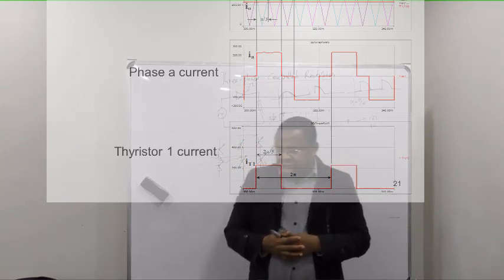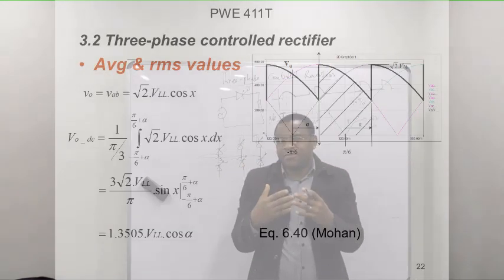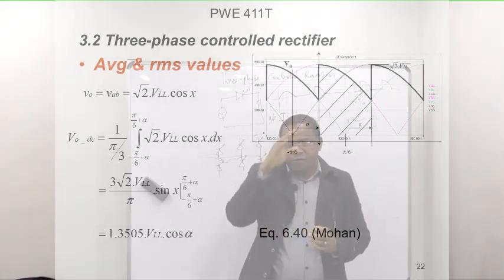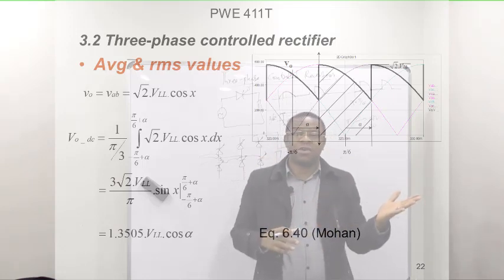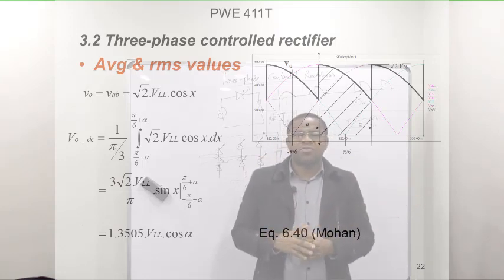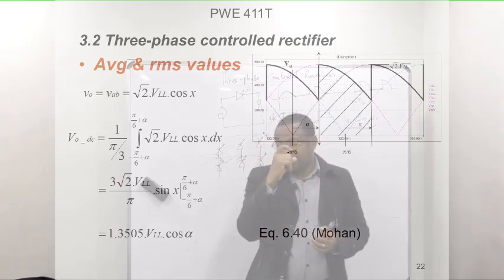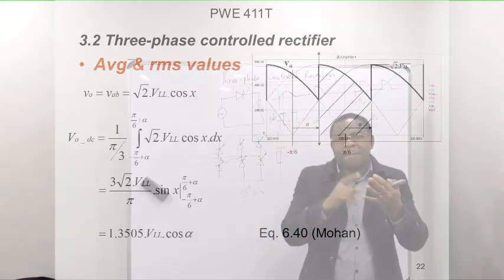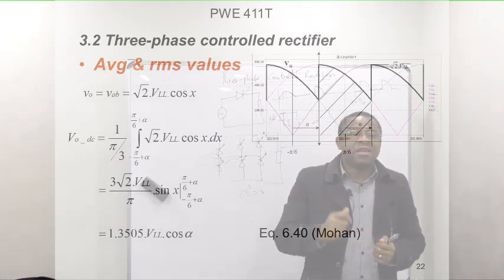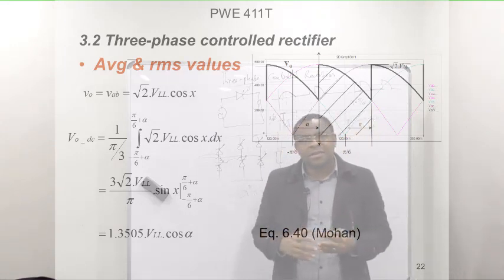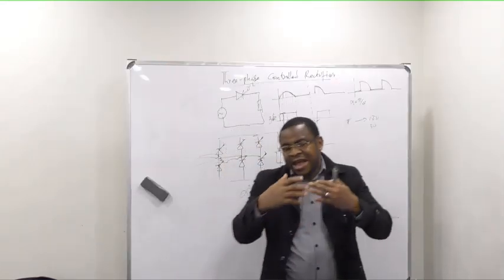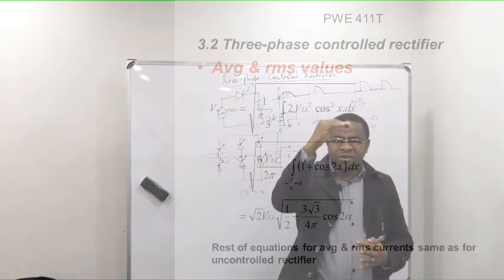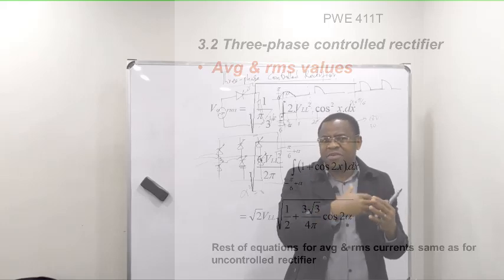If you try to derive the DC value for the DC waveform, the way we did for the uncontrolled rectifier, you are going to get that VDC, the output average DC voltage, is 1.3505 VLL cos alpha. And if you try to get the RMS value, follow this equation, as we did in the previous video.